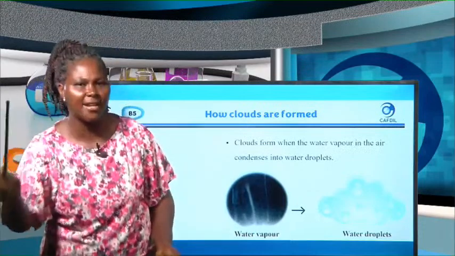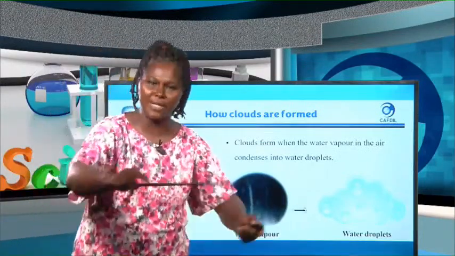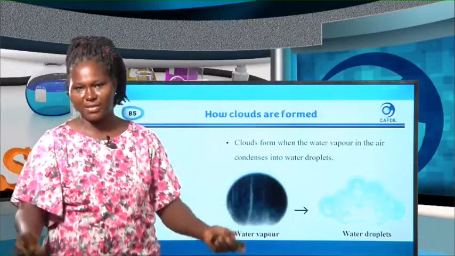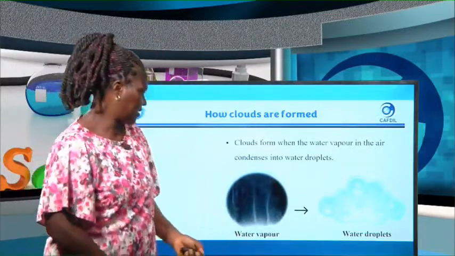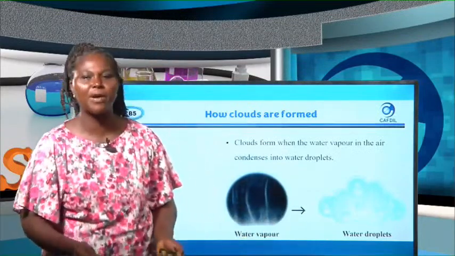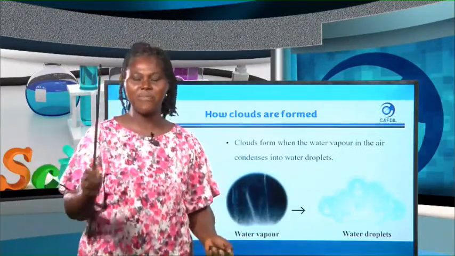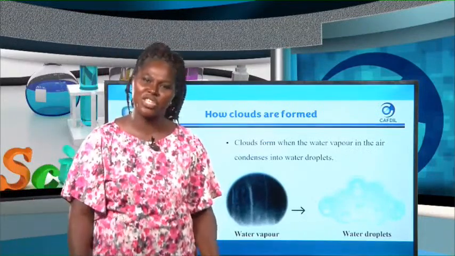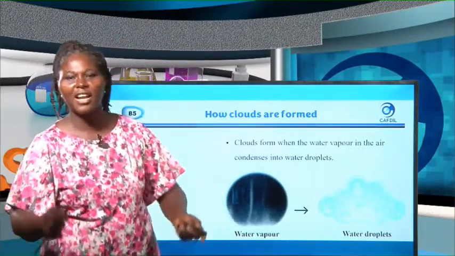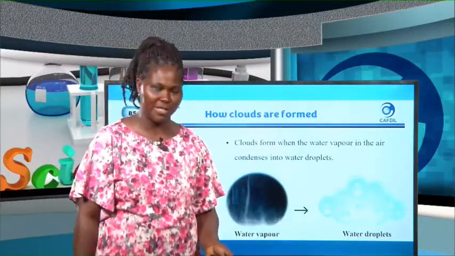So without the sun, without the water bodies, we can't get cloud. And we talked about two processes, evaporation and then condensation. So without evaporation and condensation, clouds will not be formed.